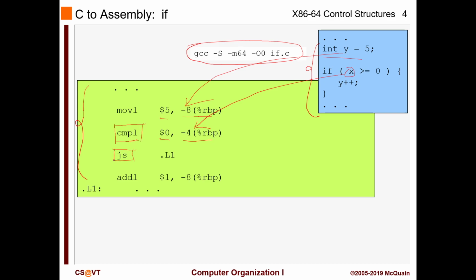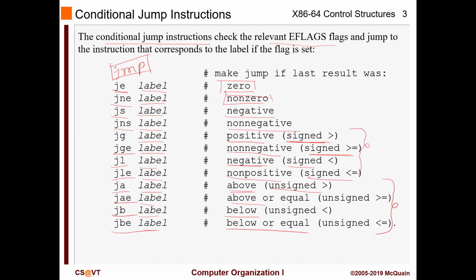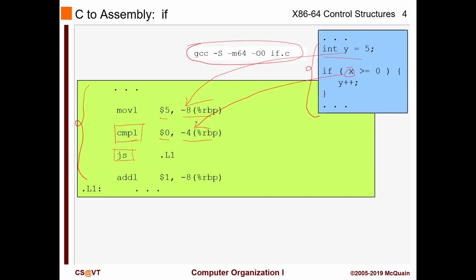Then we are checking if it's JS. We saw that JS basically means negative, right? So if the comparison between 0 and this x, basically x minus 0, is negative, so basically if x is less than 0, it's going to jump to L1.